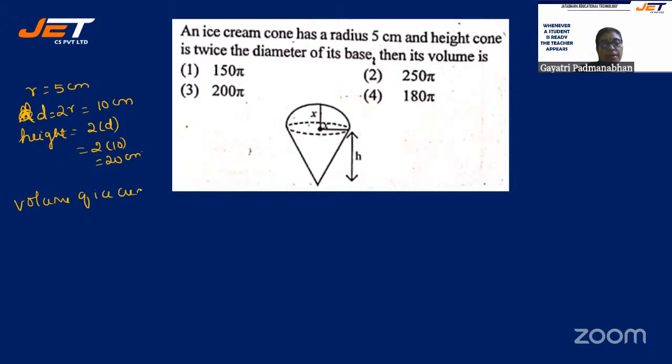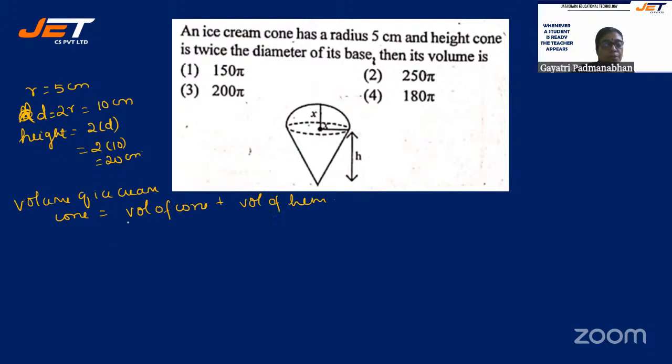Volume of the ice cream cone is equal to volume of the cone plus volume of the hemisphere. Clear?